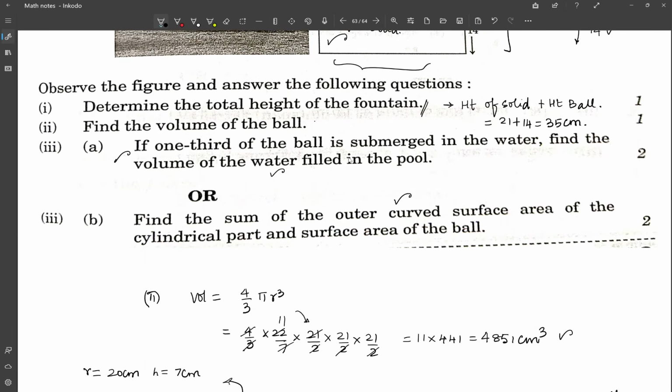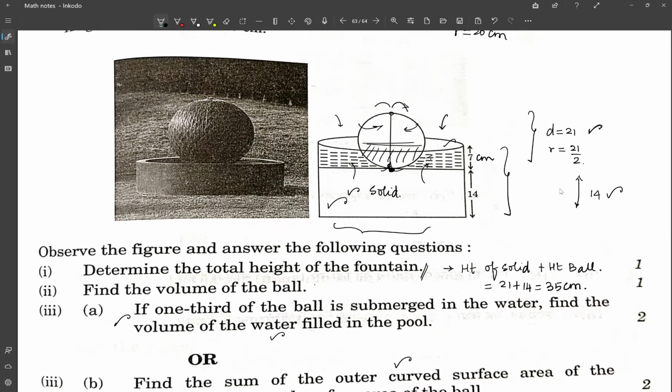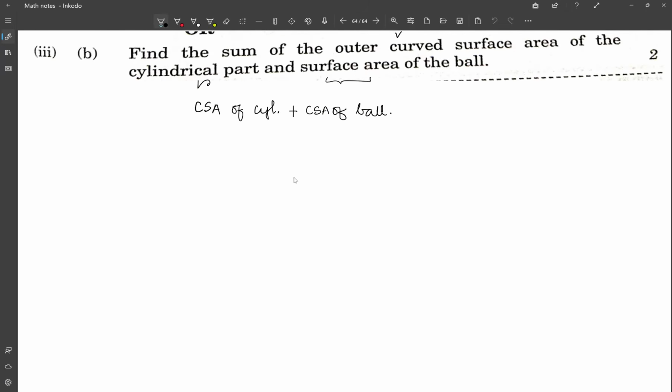Whereas there is another part which is a cylindrical part, the CSA of the whole cylinder, that would mean a total height of 14 plus 7, 21 centimeter. So CSA of the whole cylinder would be 2 pi capital R H plus the CSA of the ball. To distinguish, I'm using different notation for radius.